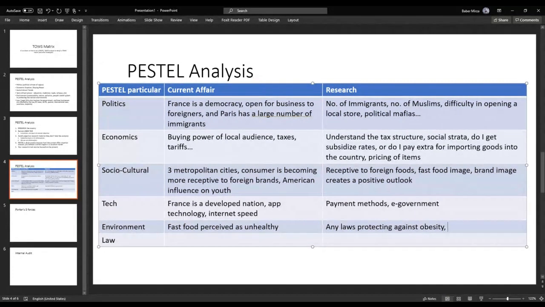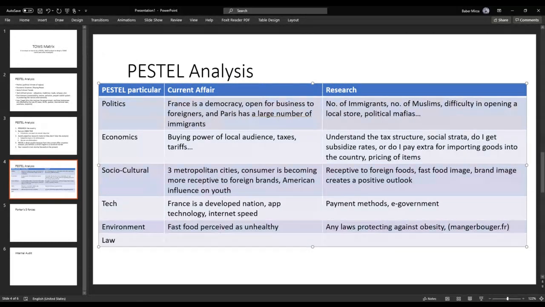Maybe that could be one because we have something called Manger Bouger. So my food could be seen in a negative light, right? Fast food is perceived as unhealthy. Yeah, it is. In France, it's perceived as very unhealthy. But the younger audience in general loves fast food.